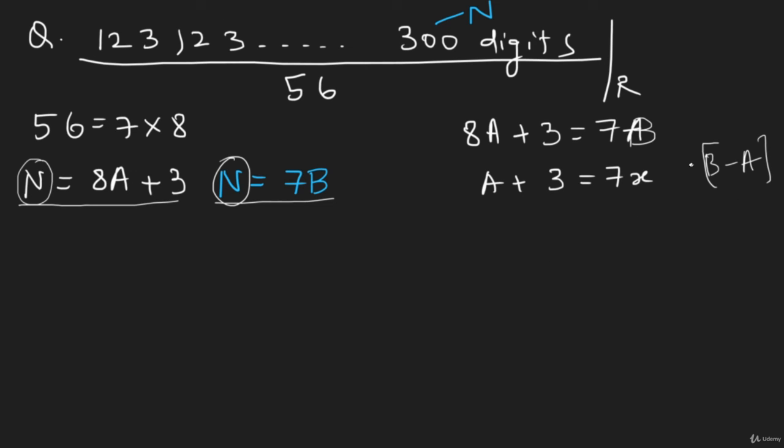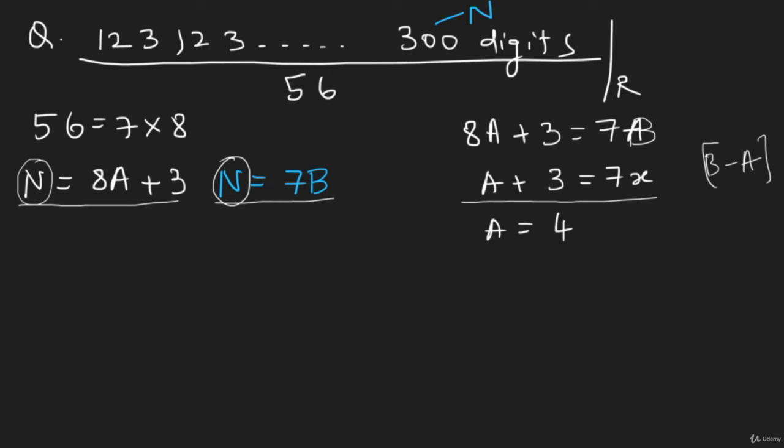All right, now I just need to find one solution that satisfies this over here. You can easily see that when a is equal to 4, 4 plus 3 is 7. That's a multiple of 7, right? Over here you just need any multiple of 7. So I can give the value of 1 to x. So when a is equal to 4, this is satisfied. Therefore a is equal to 4 is one solution.